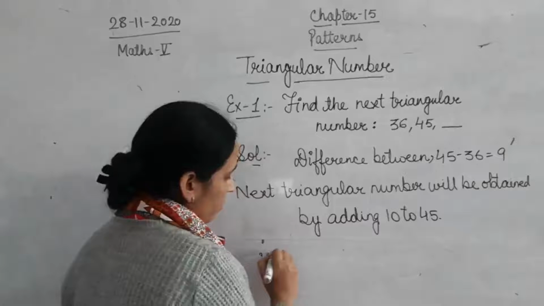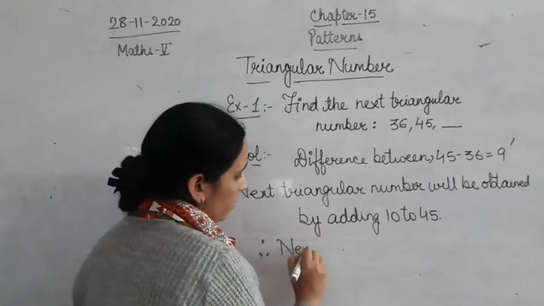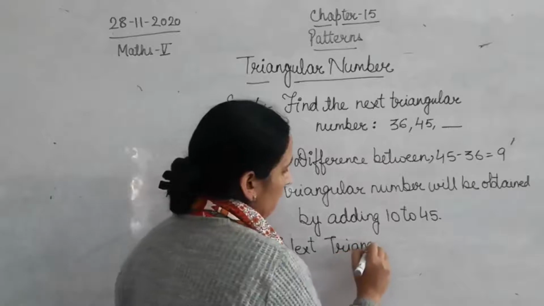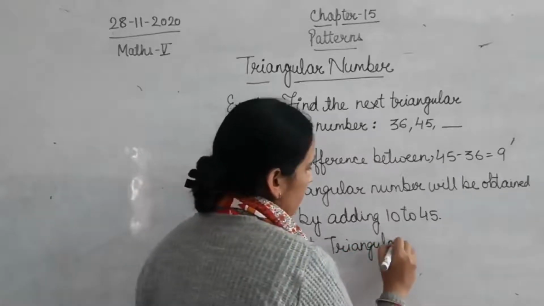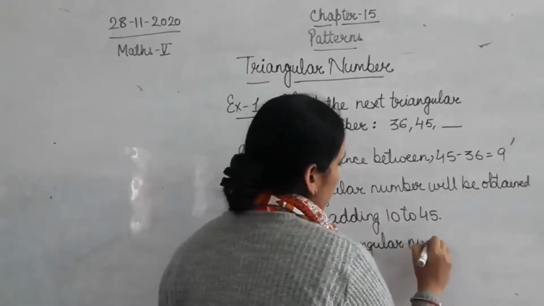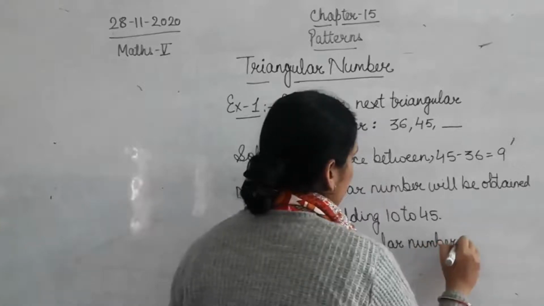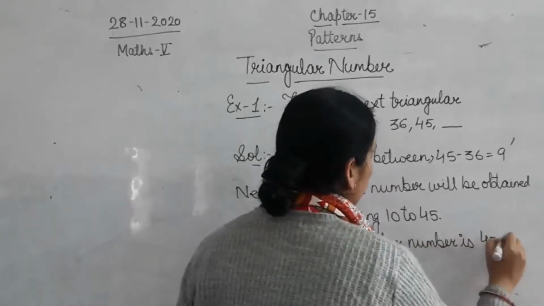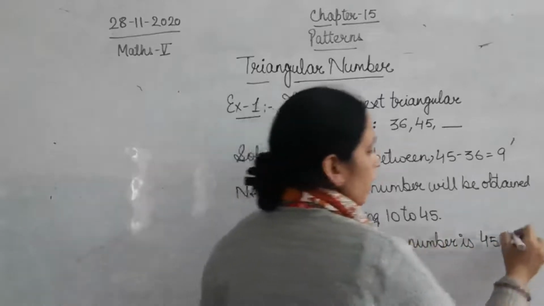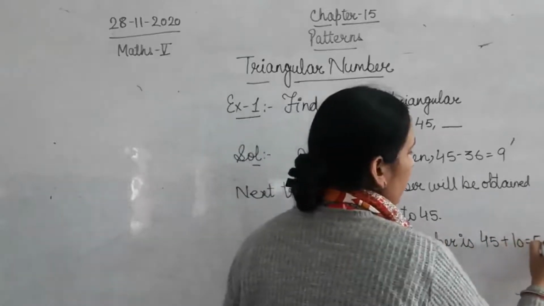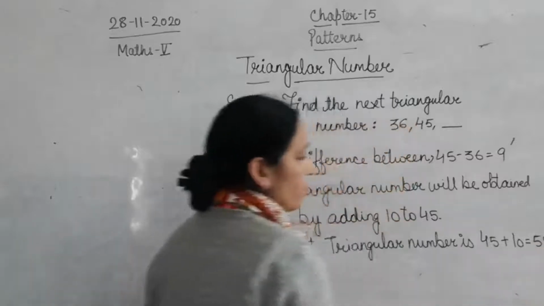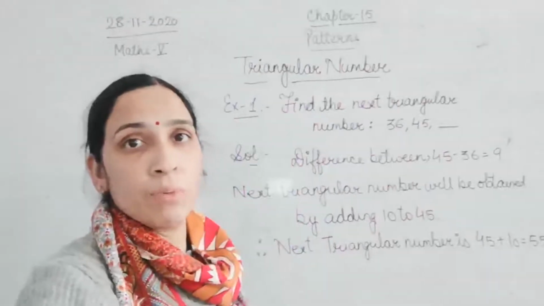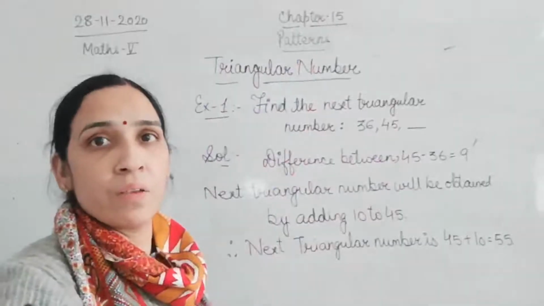Therefore the next triangular number is 45 plus 10, which is equal to 55.